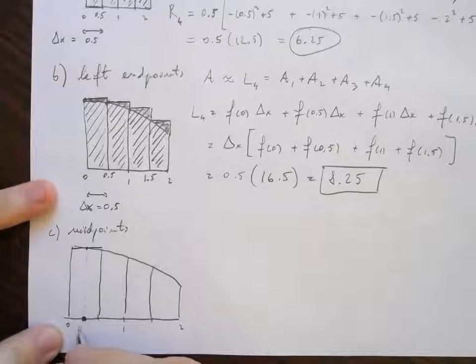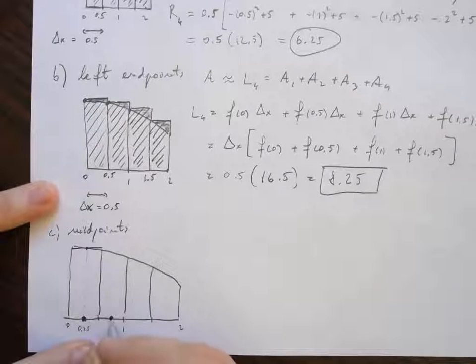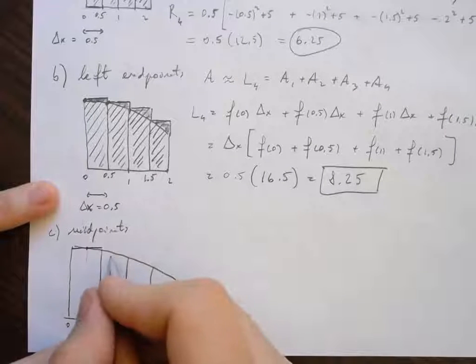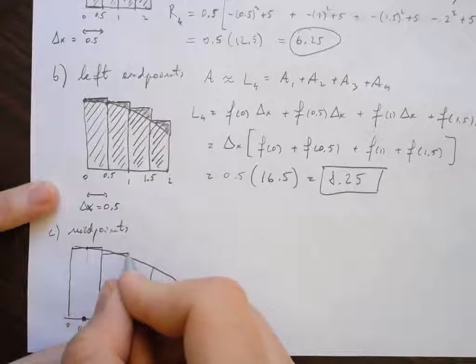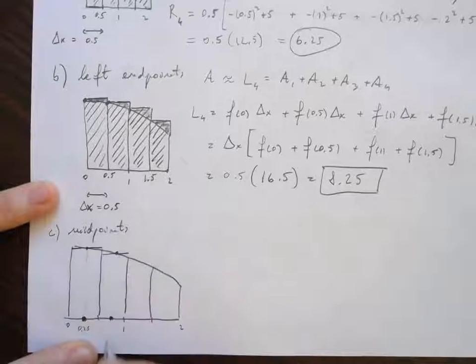So here the x-coordinate is 0.25. Then the midpoint here is going to be 0.75. Then the midpoint here is 1.25.